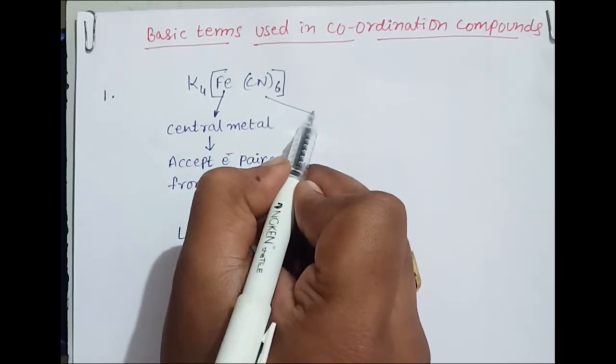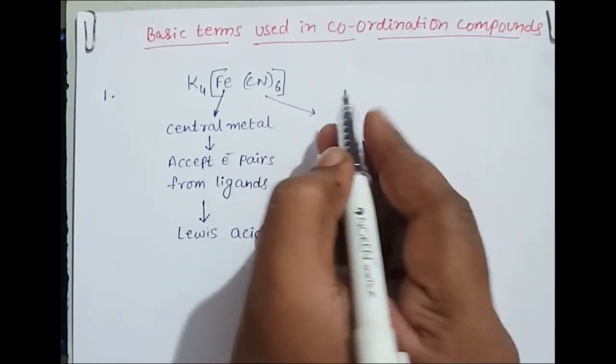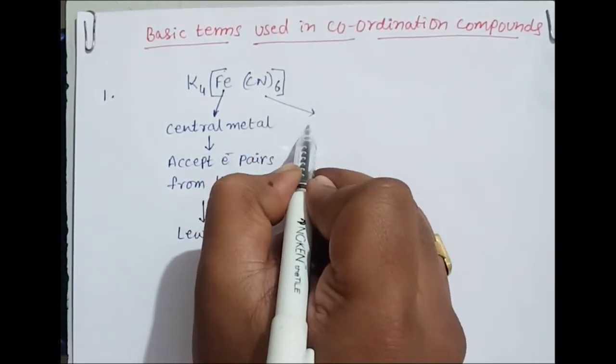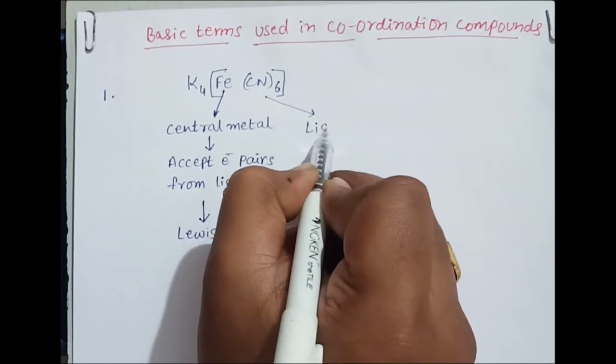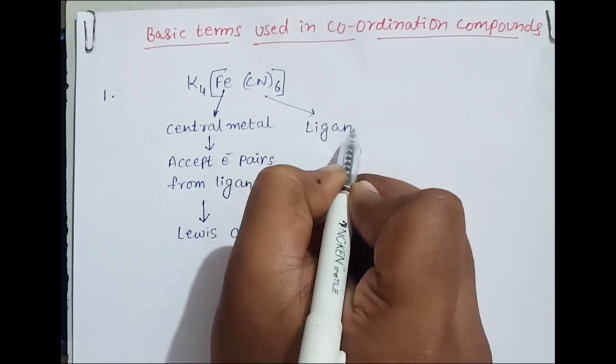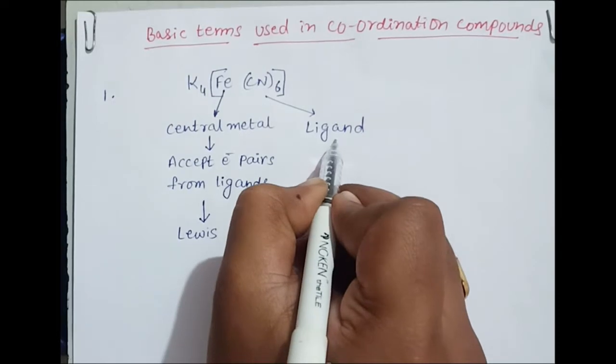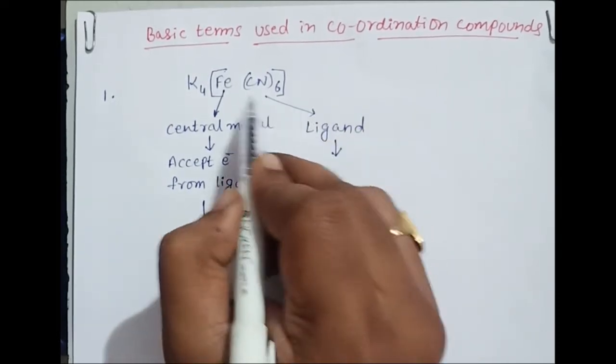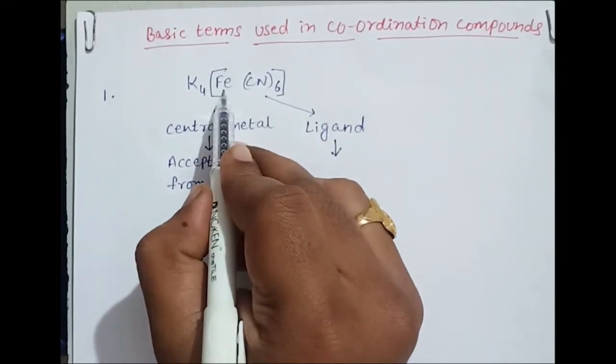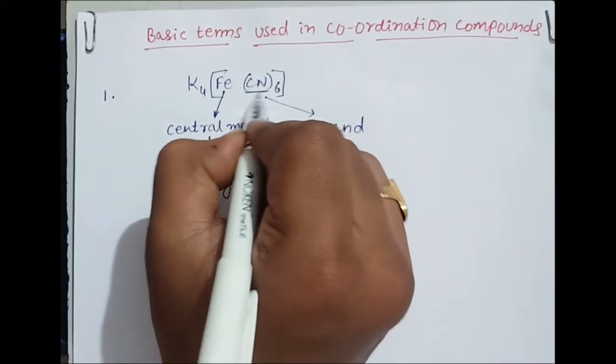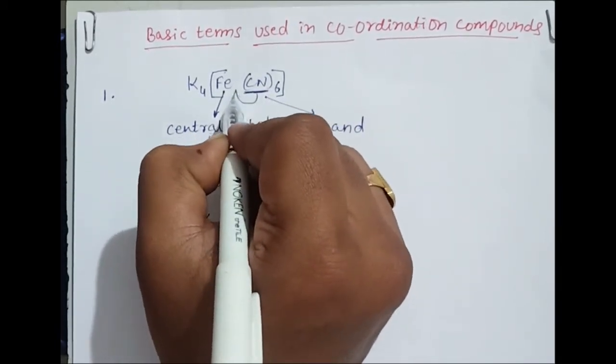Now what about this CN group? The CN group is called a ligand. So here iron is accepting electrons, and the CN group will donate electrons.